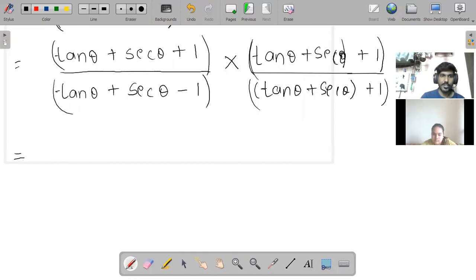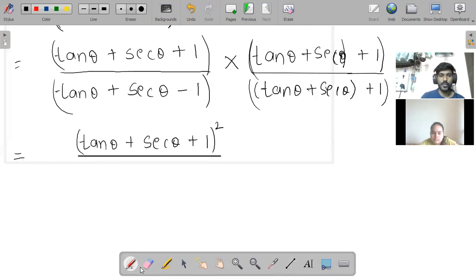So the numerator will become tan theta plus sec theta plus 1, the whole bracket square, because they are the same terms. And the denominator, if you see carefully, this is a minus b, where you take this entire term tan theta plus sec theta to be a.